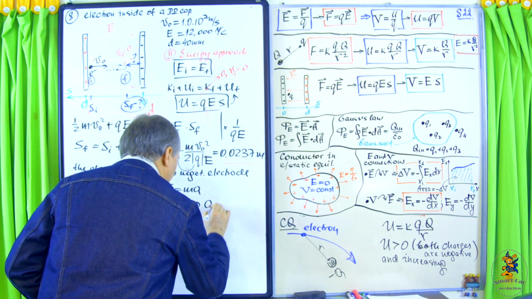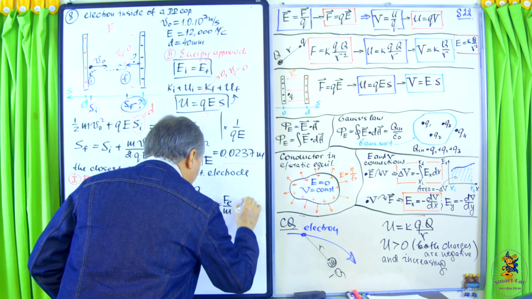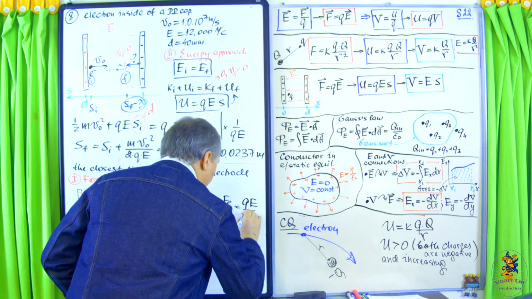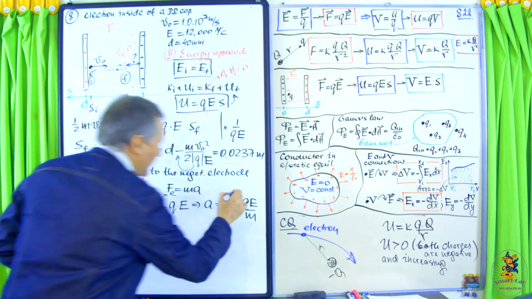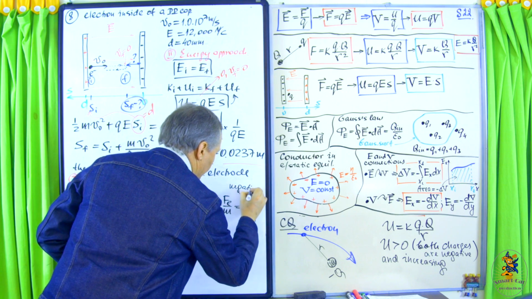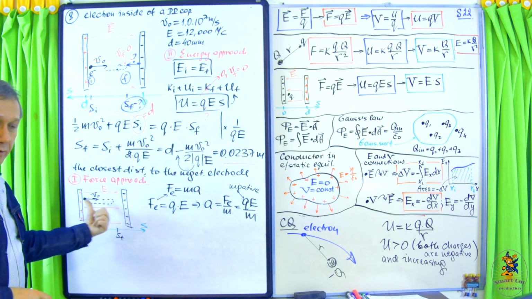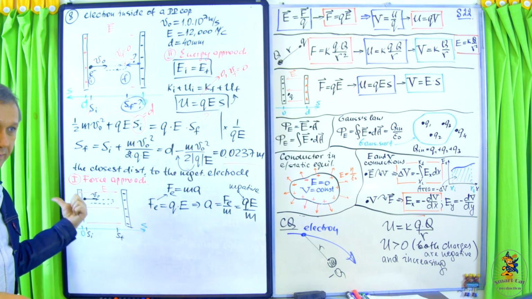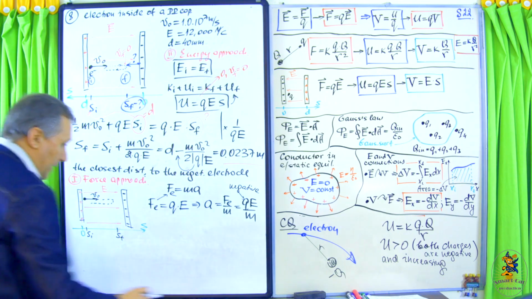From here, I can get acceleration equals F divided by m, so it will be equal to QE divided by m. And since this is negative, again, it's negative. So the electron is going to experience acceleration this way, decelerating. So acceleration is going to be negative, right?